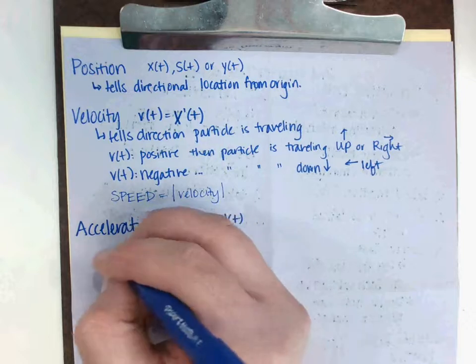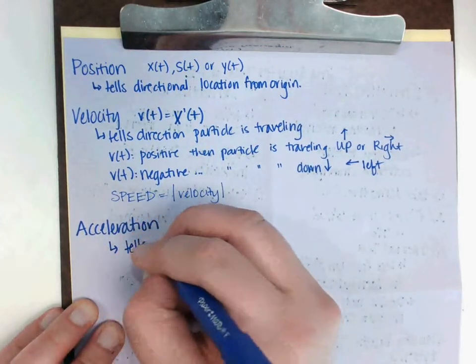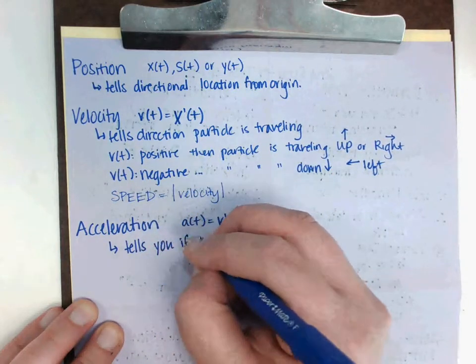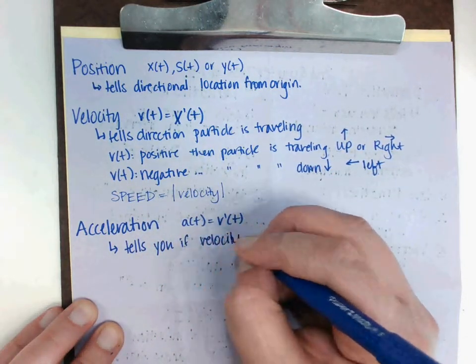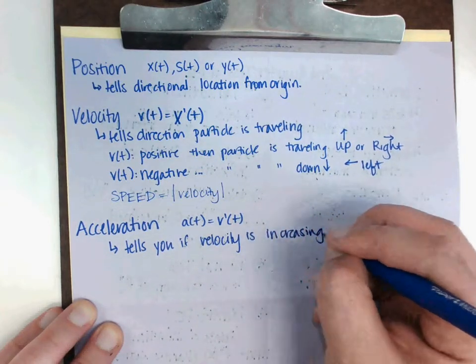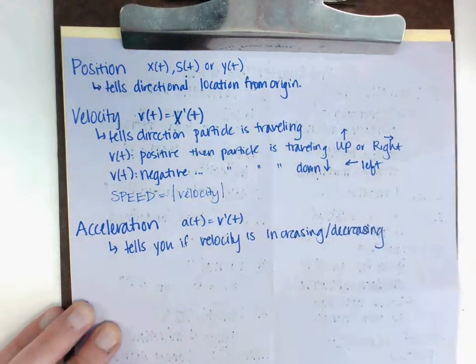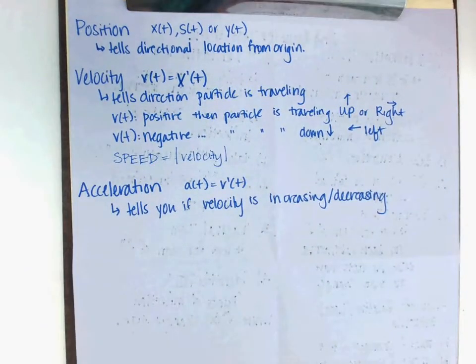Okay, and then remember that acceleration's job is it tells you if velocity is increasing or decreasing. And remember, the reason that is that acceleration is velocity's derivative, which means it's the slope of velocity. Okay?